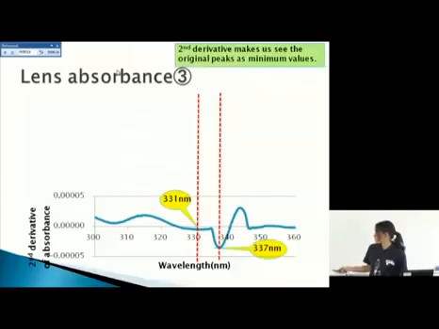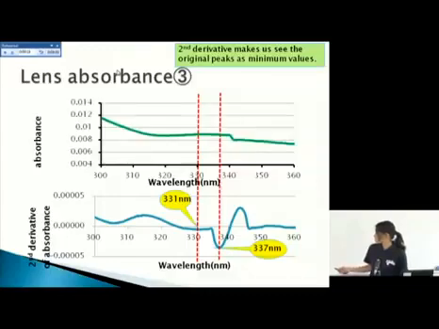For example, this maximum value and maximum value. This is the original data. This peak means this very, very loose arch, and this peak and this peak is this part.